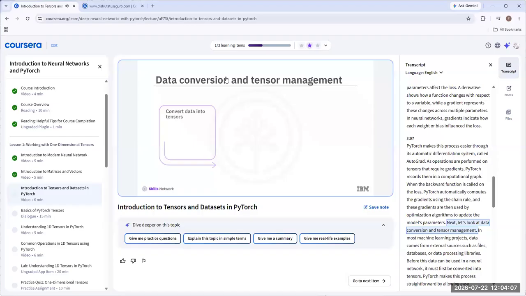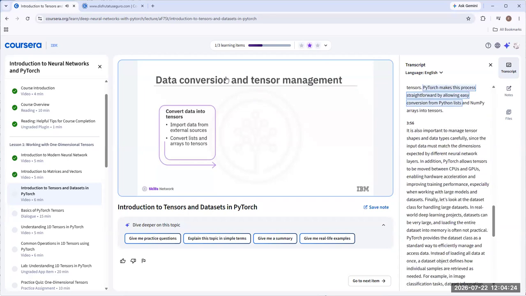Next, let's look at data conversion and tensor management. In most machine learning projects, data comes from external sources such as files, databases, or data processing libraries. Before this data can be used in a neural network, it must first be converted into tensors. PyTorch makes this process straightforward by allowing easy conversion from Python lists and NumPy arrays into tensors.